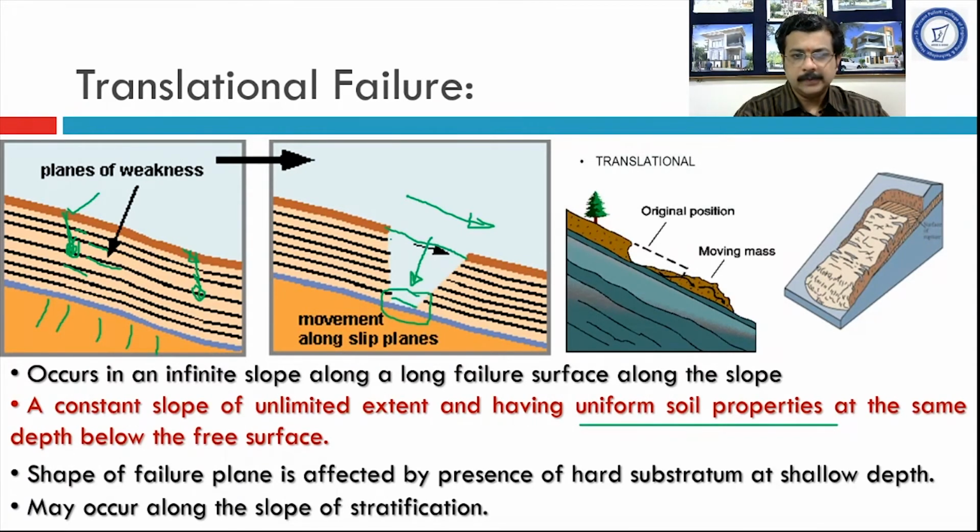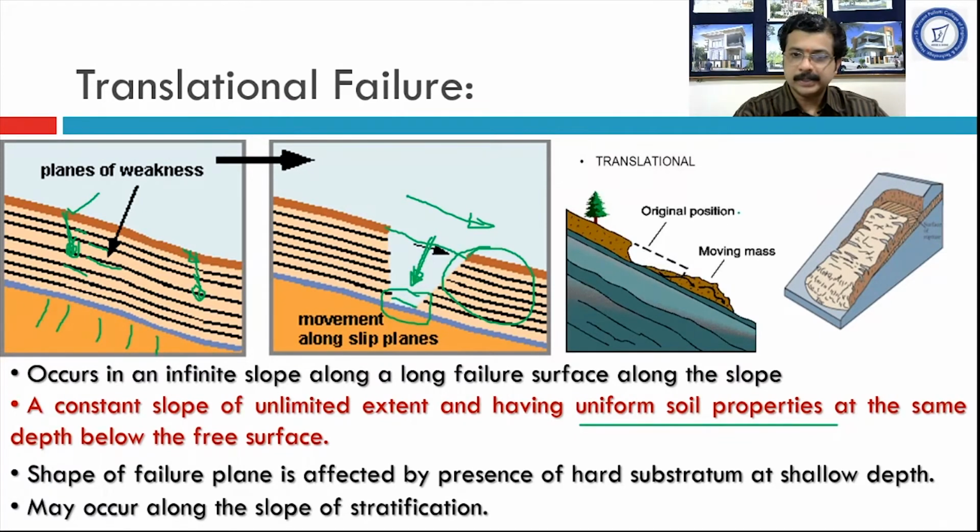As soon as that crack reaches the hard strata, this complete mass on the right hand side will get separated and it will start sliding down, which is called translation. Hence this kind of failure is called translational failure.